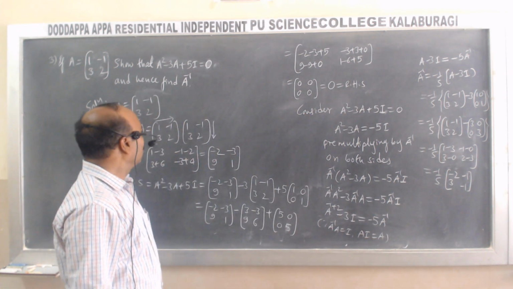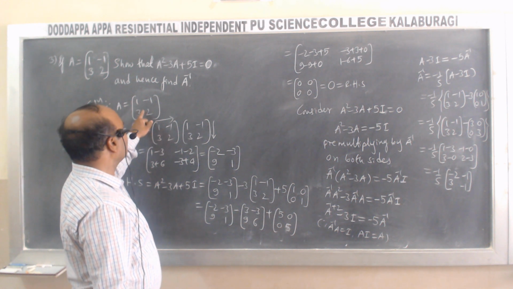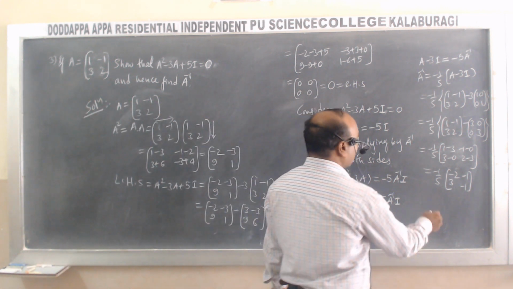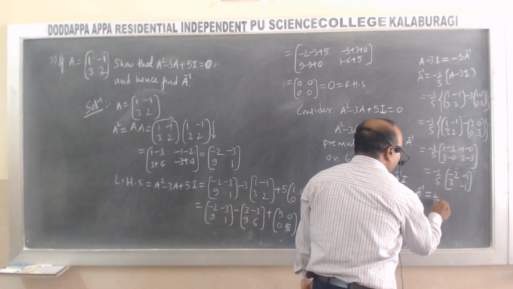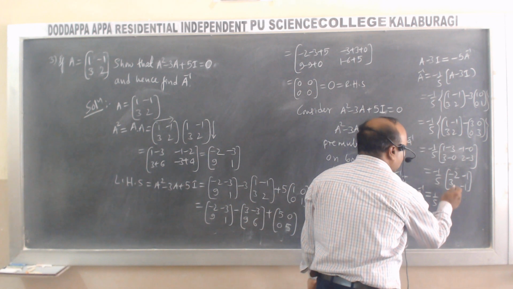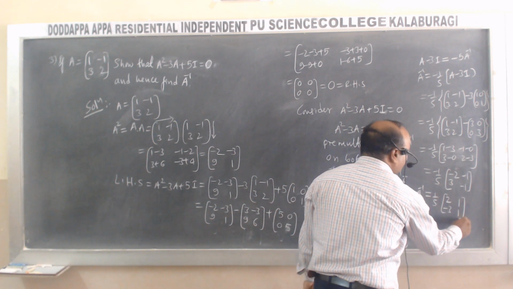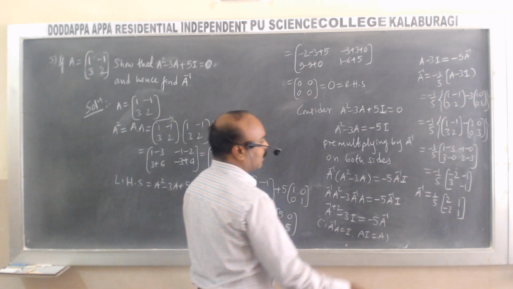Now here the determinant of this matrix we check, it is 2 plus 3, 5. If we take minus inside, we get A inverse equal to 1 by 5 times [2 1; -3 1]. Now it is the inverse of the given matrix.